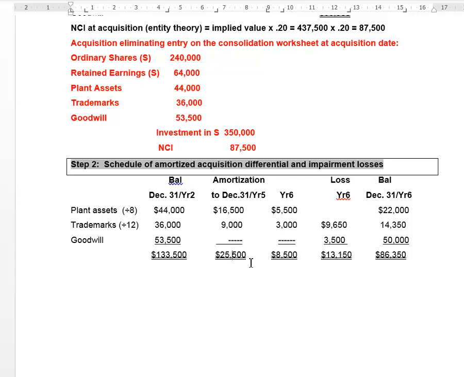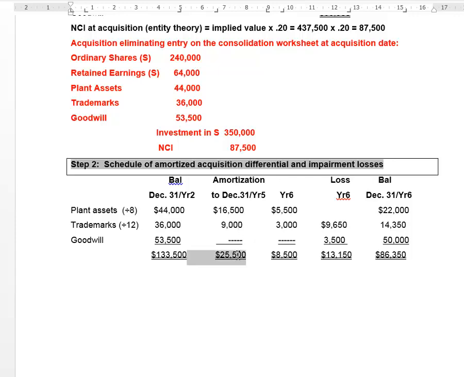So what we're going to do is a full set of amortizations that take us up to the end of the previous year, but also amortizations in the current year, year 6. So we know that up to the end of year 5, we would have amortized $5,500 a year times 3 years, years 3, 4, and 5, to give us $16,500 amortized to the end of year 5 of that $44,000, and of the $36,000 for the trademarks, we would have amortized $3,000 a year for 3 years.